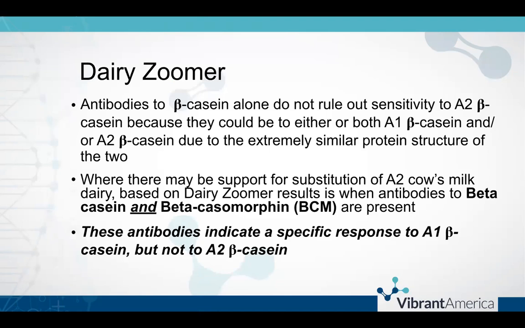But just know that if there are only beta casein antibodies and not beta casomorphin, that is specific to both A1 and A2 casein. If you see beta casomorphin antibodies in addition to beta casein, that is specific to A1 beta casein, and A2 cow's milk might be okay for that patient. But again, that's clinical judgment on your part, and trying an oral challenge, possibly after an elimination, to see how tolerated it is.